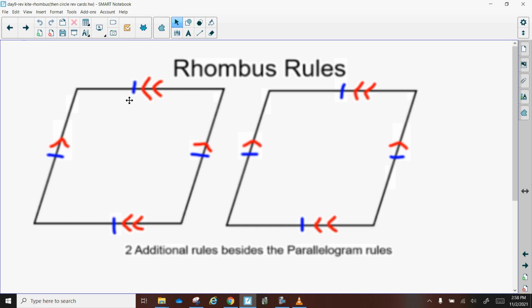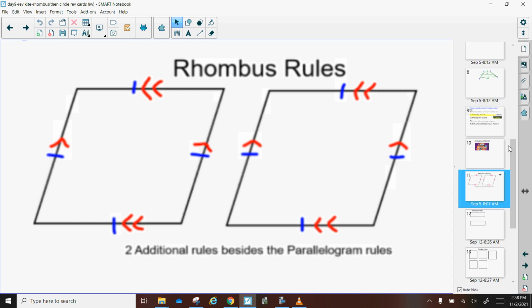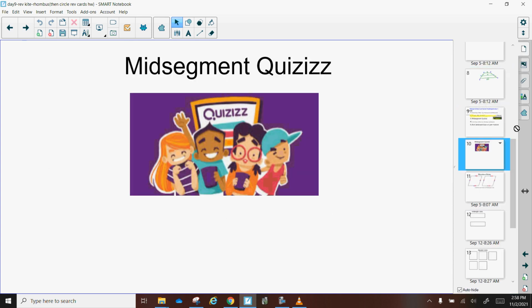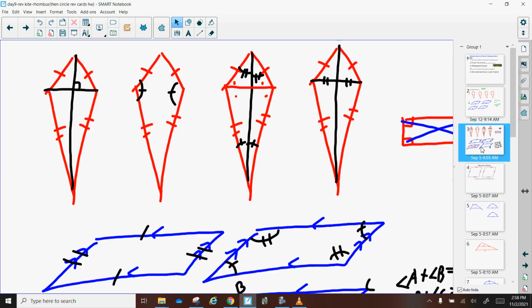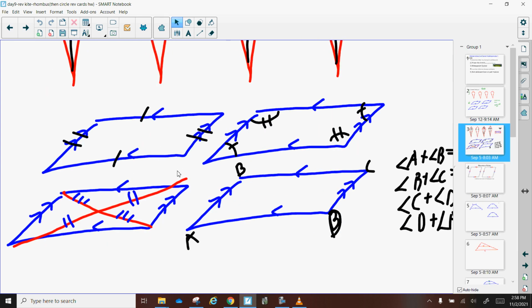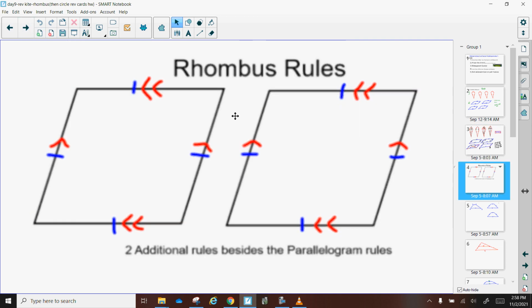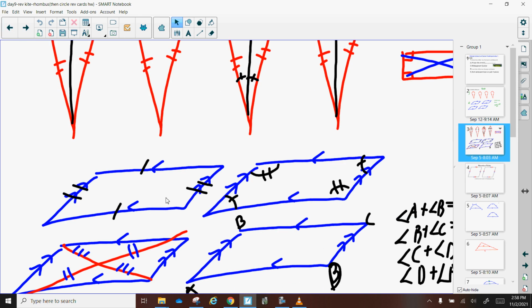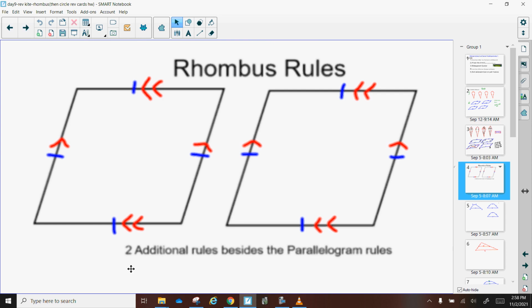Everything that I have said for a parallelogram will work for the rhombus. However, there are two additional rules that work for rhombuses but do not work for parallelograms. In a parallelogram, opposite sides are equal.